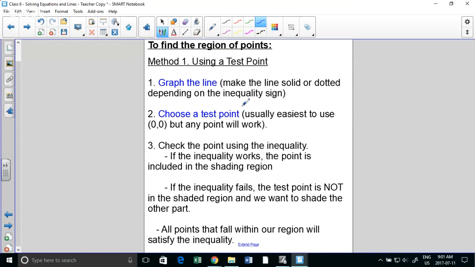Then you cannot use it. If your test point gives you a true inequality, that's where you shade. If your test point gives you a false inequality, you shade the other half. So it's actually simpler than it sounds. So let's test this out.